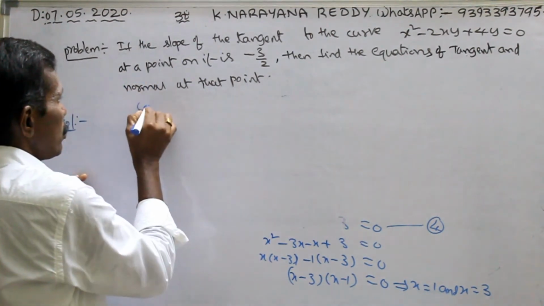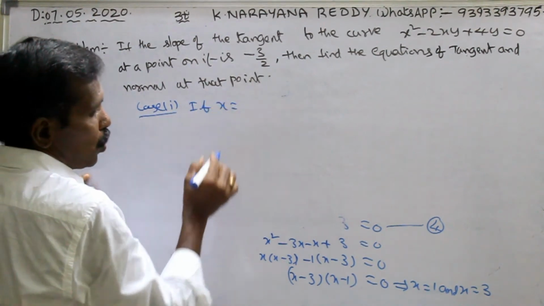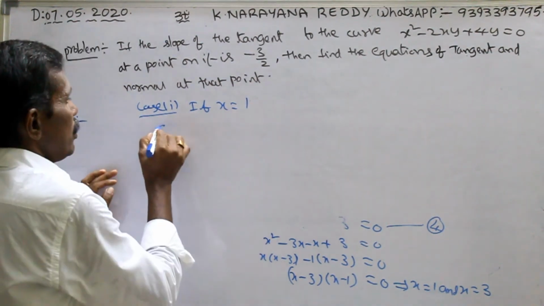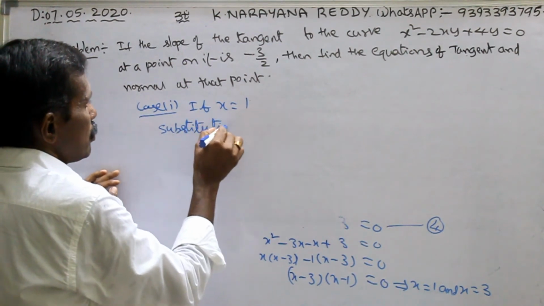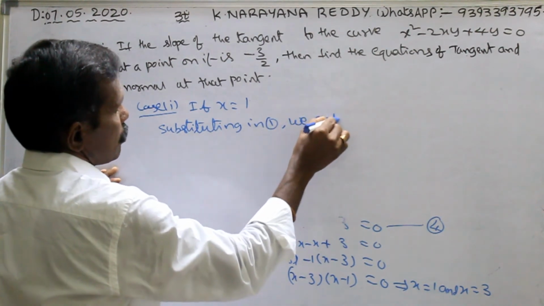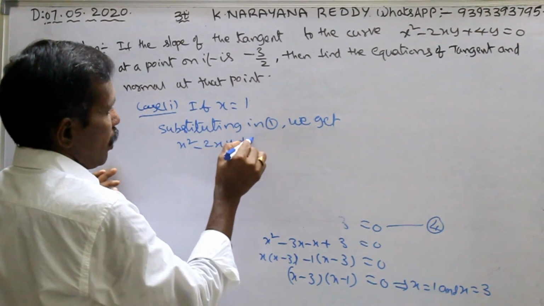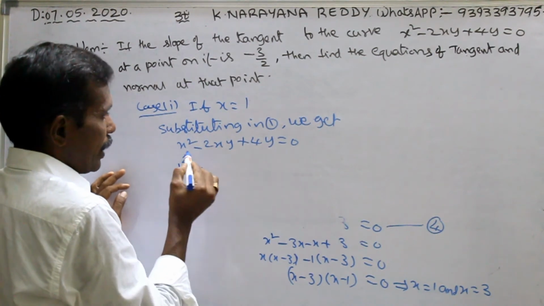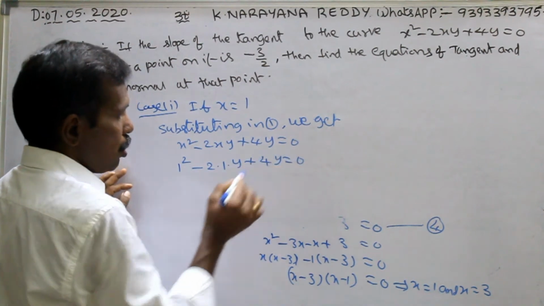Case 1. If x equals 1, substituting in 1, we get x squared minus 2xy plus 4y equals 0. x squared means 1 squared, minus 2 into 1 into y plus 4y equals 0.